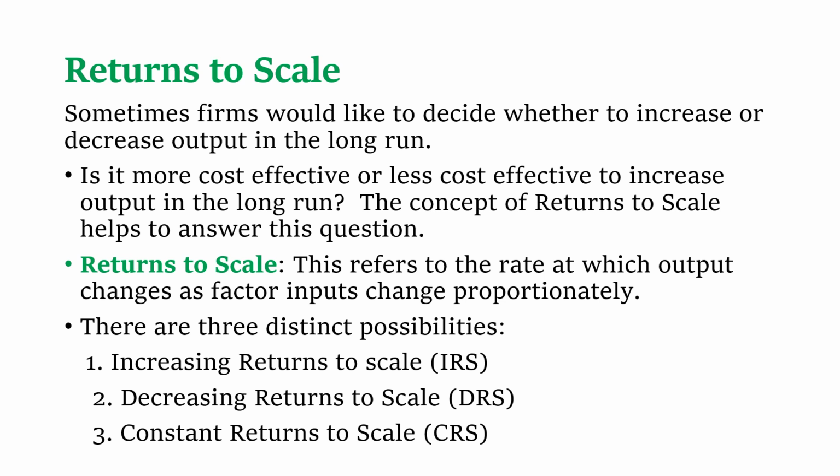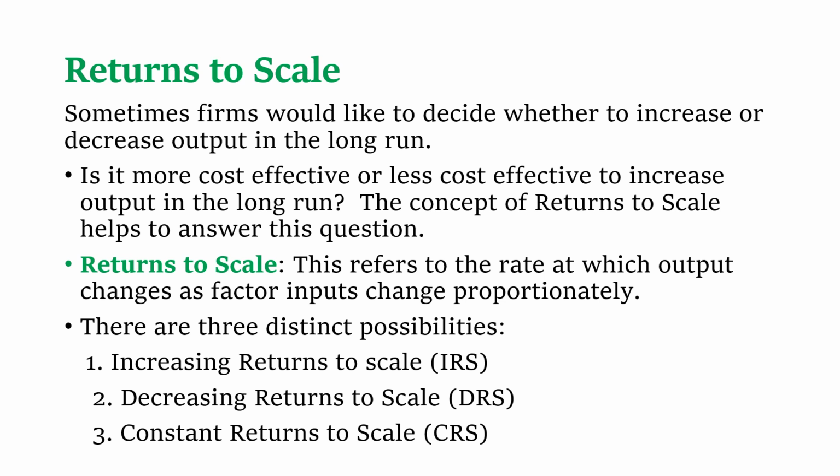Or we say, is it more cost effective or less cost effective to increase output in the long run? Now, if there is constant returns to scale, it doesn't matter, right? It doesn't matter whether the firm increases or decreases the plant size in terms of cost effectiveness.